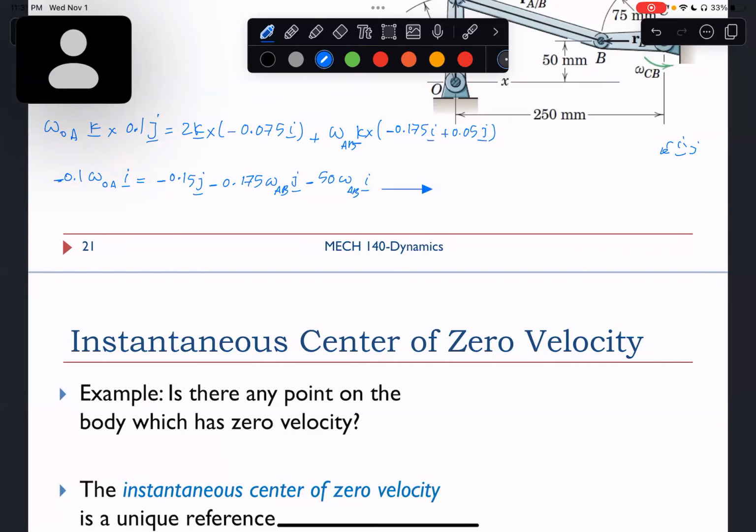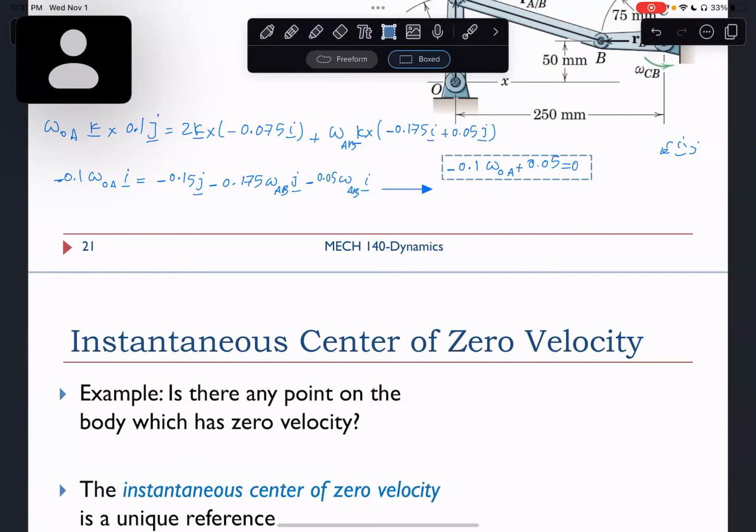So you will get something like minus 0.1 omega OA plus 0.05 omega AB, all in the I direction, equal to 0.